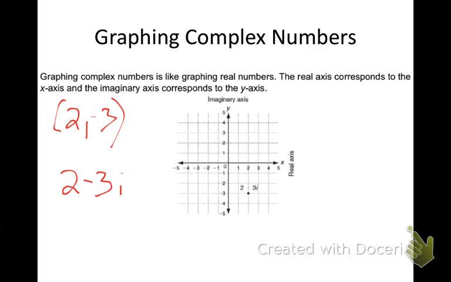I treat it just like I would an ordered pair. That would be very similar to the ordered pair 2, -3. I go right 2, down 3. I get my coordinate 2 minus 3i. Okay, this is nothing more than the coordinate 2, -3. I treat it as my real part's my x, the imaginary part is my y value, and I can plot in the imaginary or the complex number system.